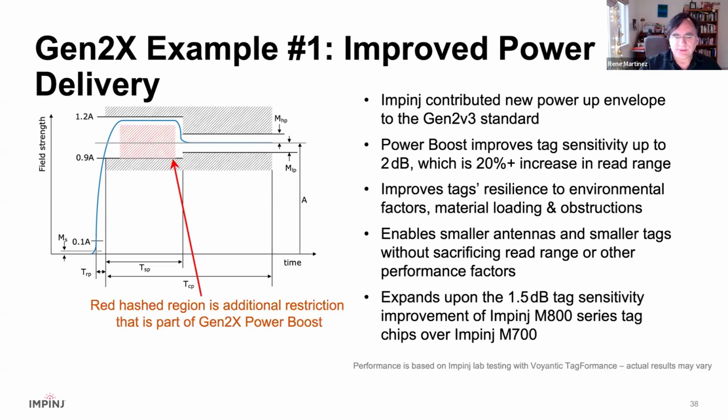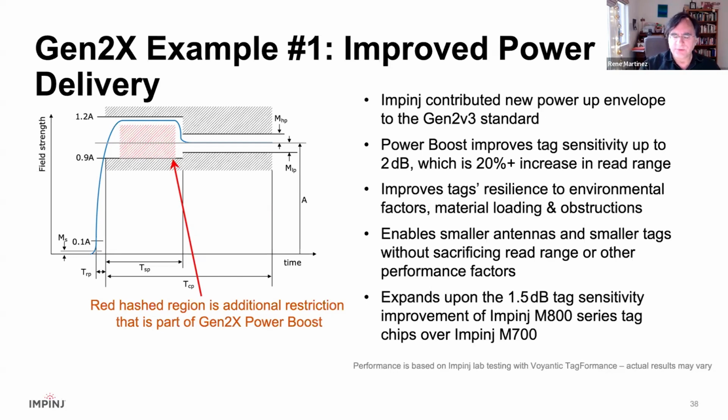Gen2X has this additional restriction in red ink there that makes sure that the initial power-up from the reader to the tag is significantly larger. So it's sort of a self-imposed restriction to make sure that the tag gets hit with a lot of power in the beginning to make sure it initializes and goes through all those details that Jim mentioned before.